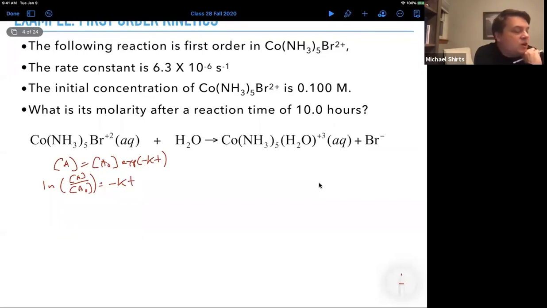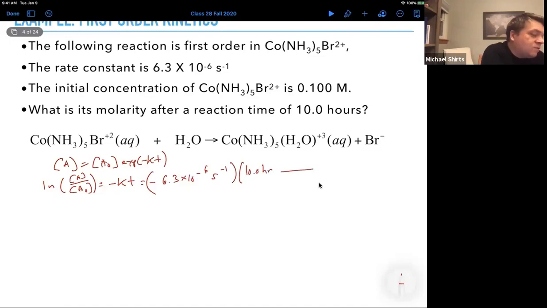So we know what minus kt is, because we're interested in time, 10 hours. So this is equal to minus 6.3 times 10 to the minus 6th inverse seconds, the units of the rate constant, times 10 hours. Of course, the rate constant is in seconds, so we have to convert: 1 hour is 3,600 seconds.